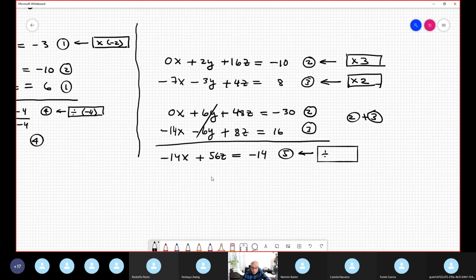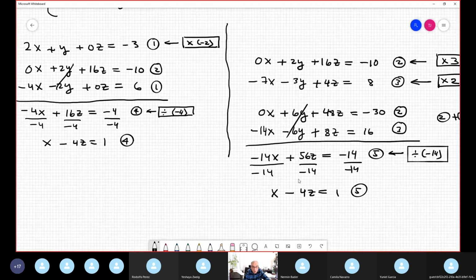Divide by negative 14. We have x alone, positive, minus 4z, because 56 divided by 14 is 4, equal positive 1. This is my equation 5. Now you put together 4 and 5. Wow, something weird happened. You get the same.